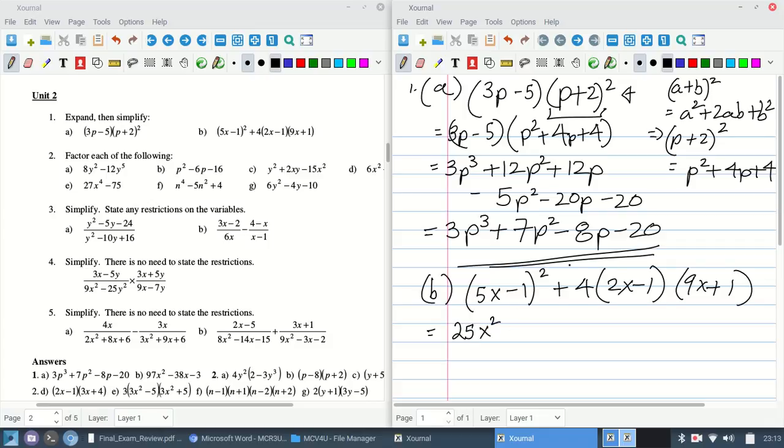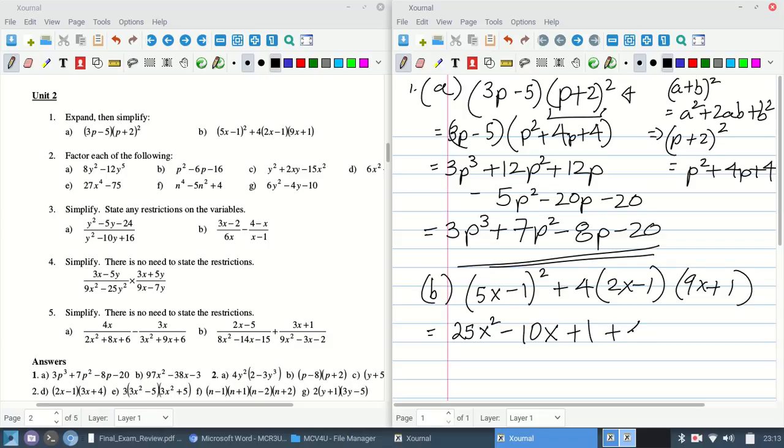Okay? Then the middle term is going to be negative, right, because of the minus, right? There's a minus 1. So it's going to be 2 times 5x times negative 1. So it's going to be negative 10x. Okay? And then plus b squared, b is negative 1, so that's plus 1. Okay? So try it out if you don't believe me, and we can move forward.